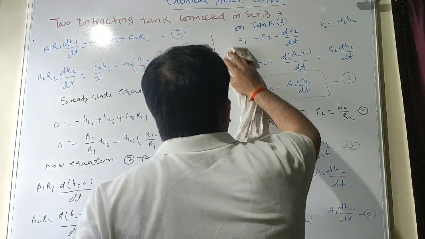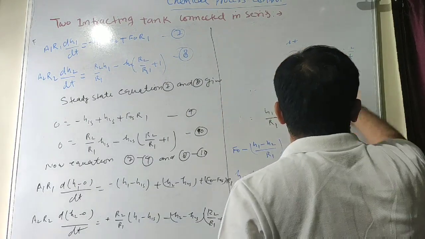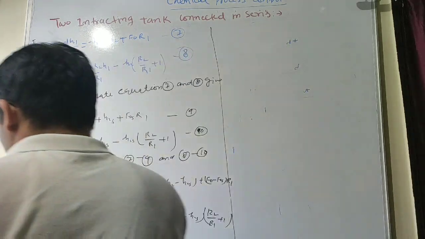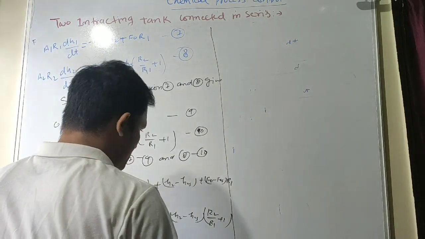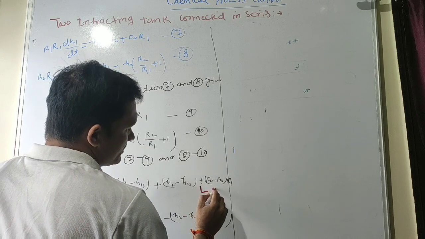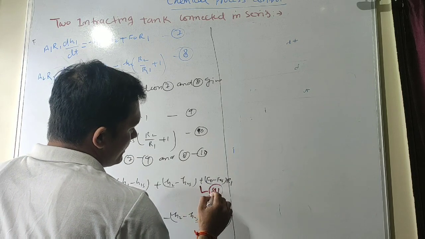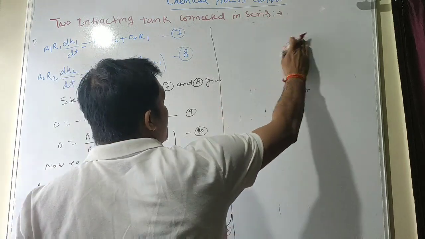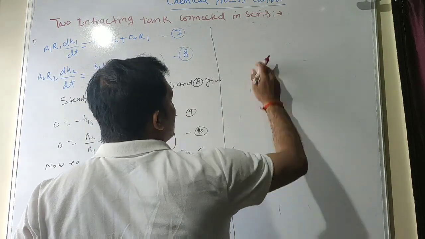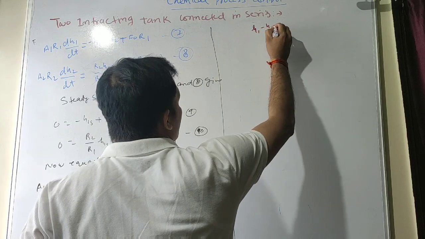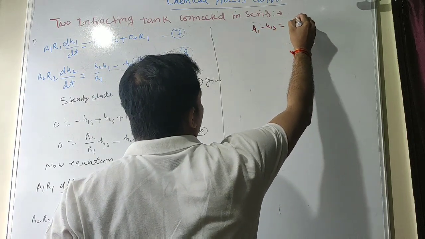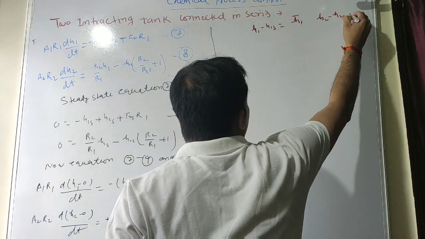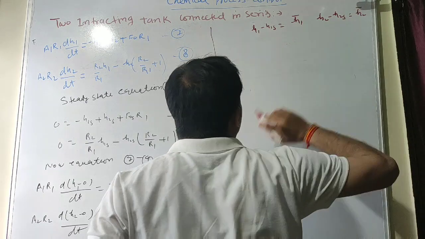On solving these two equations, let us assume this is equation number 11 and 12. As we know, h1 minus h1s equals h1 bar and h2 minus h2s equals h2 bar.